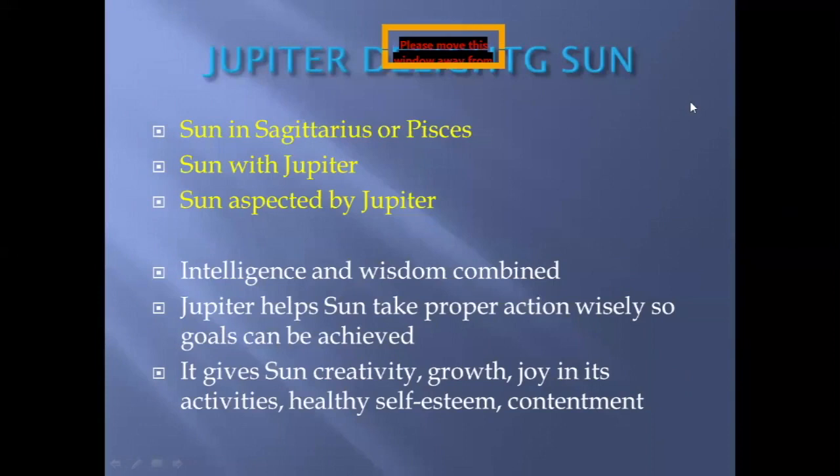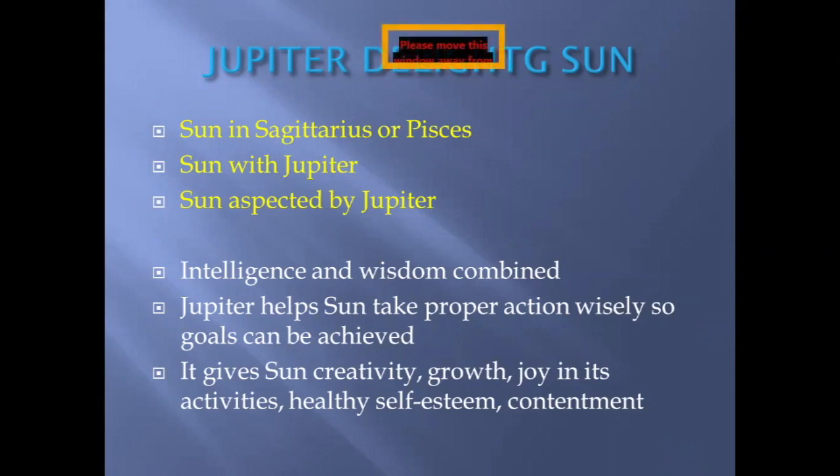Now, Jupiter delighting the sun. It happens when the sun is in Sagittarius or Pisces, Jupiter signs, when the sun is with Jupiter, or when the sun is aspected by Jupiter. So the sun represents our intelligence and Jupiter represents our wisdom. So we're going to have both combined.